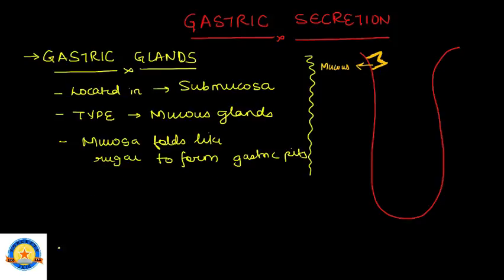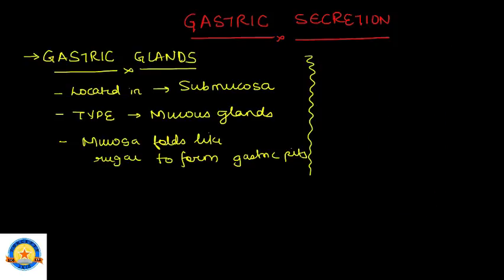Oh, sorry, wait. I drew it in the gastric pit. The gastric pit doesn't have any glands. It is the lower part, not here. This is the gastric pit. It should have been a little bit narrower. We'll go like this: the gastric pit and the gastric glands. I think now it is okay.